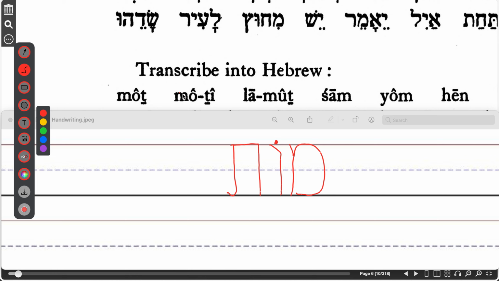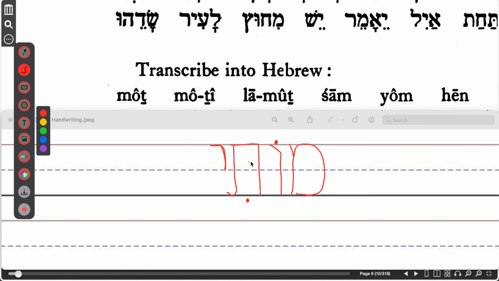Then it's the same thing, moth T, and so we can just add to this. You have the caret with the I sound, and when you have the caret with the I sound, that's the long hirek, so you're adding in a dot here, and the long one, see, that's the short I, this is the long I, so it's a dot with a yod after it.